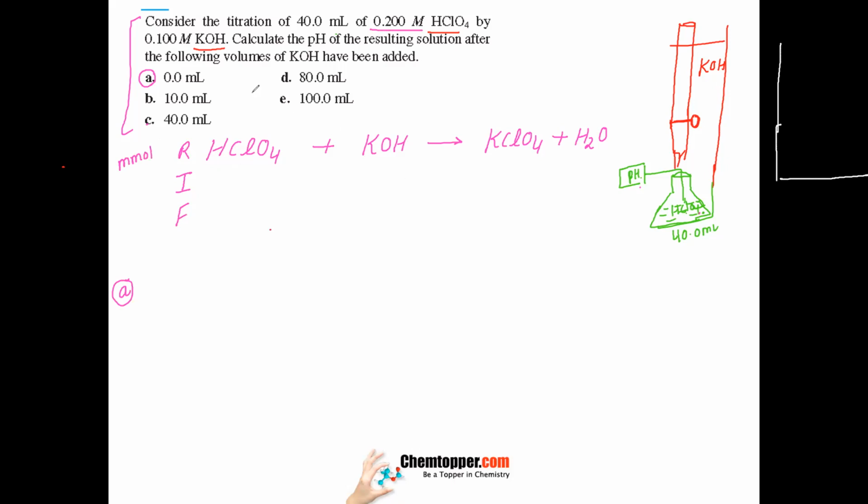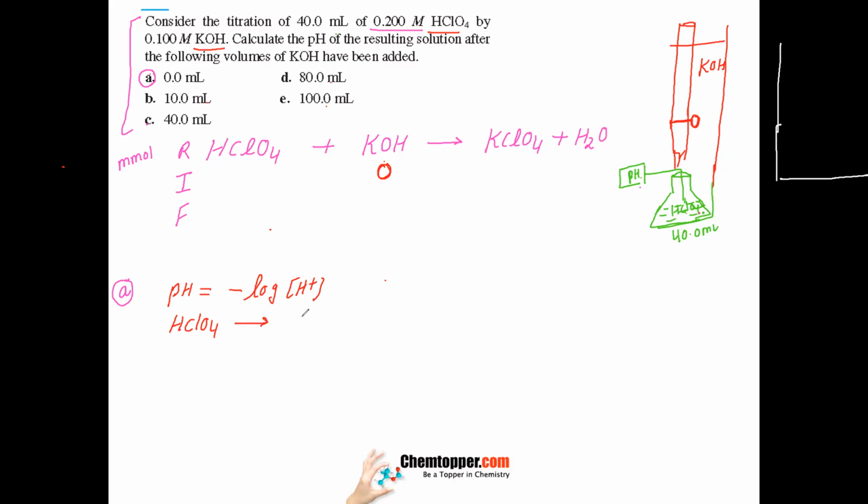I'm working in millimoles because I'm going to add the volumes, though I'm not adding any volume in the A part. So in the A part, KOH is 0. It's totally 0. So the pH will be determined by the concentration of H plus, which you are getting only from HClO4.